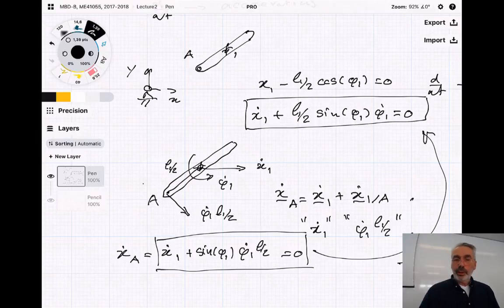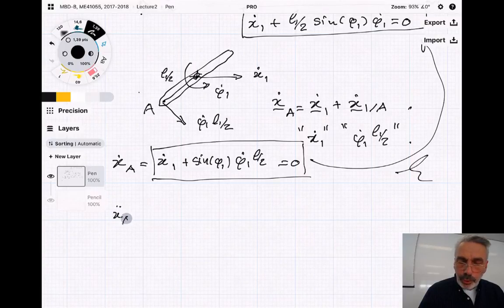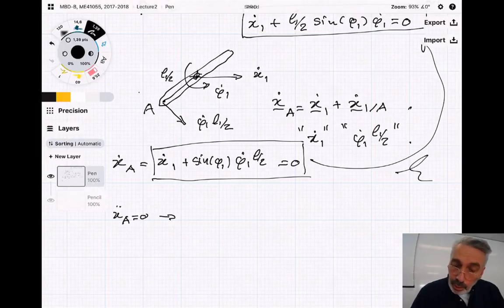And of course you can continue. We're not done yet, because this is only velocity. We have to do more work. Now we have to differentiate again, or in other words, x double dot A should be 0, or in other words, there we go again, x double dot 1. Now I have to differentiate this, and I first do the phi part and then the sine part, on purpose.